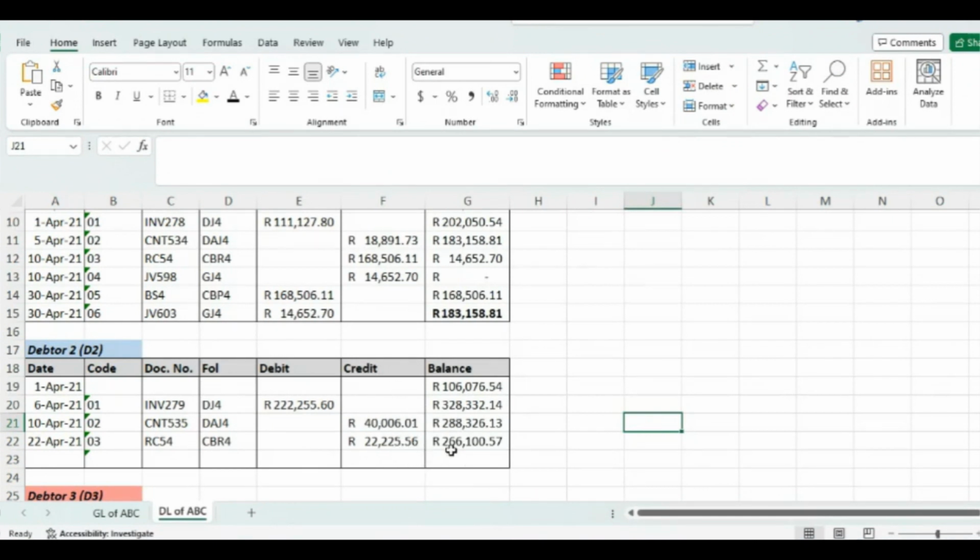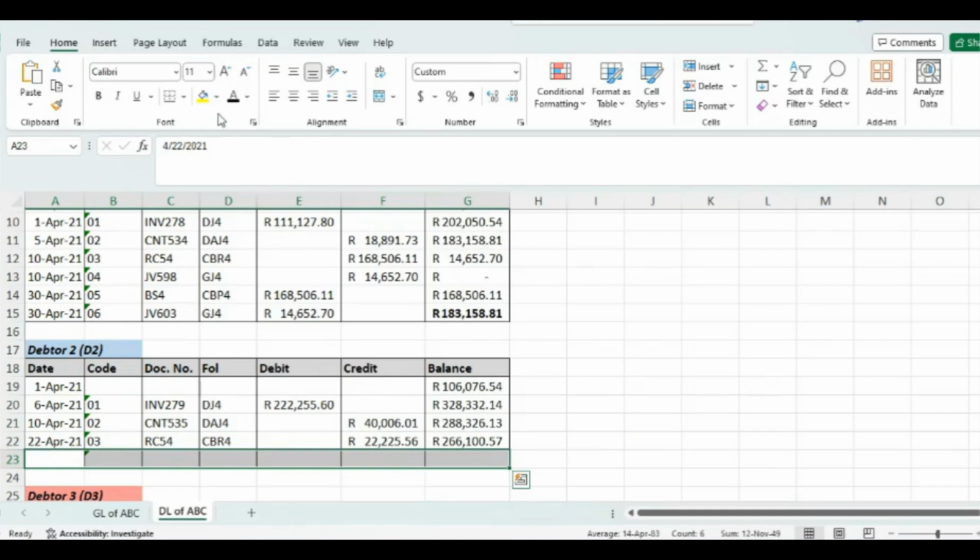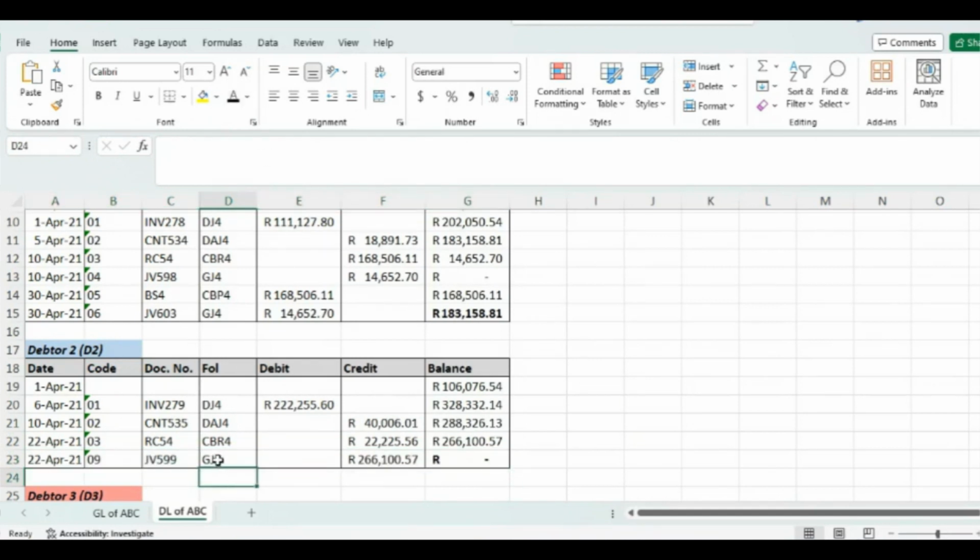He came, he paid it. And to bring that balance in line with the balance that we have for him as a creditor. And so what happened there in the general journal is we applied the set off to make his account 0. Now, when his account is 0, it means that debtor 2 will not appear on this month's debtors list.